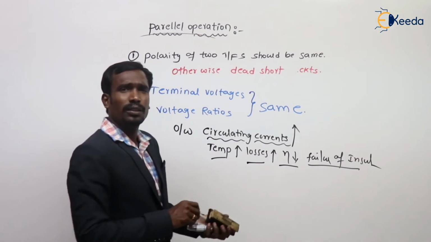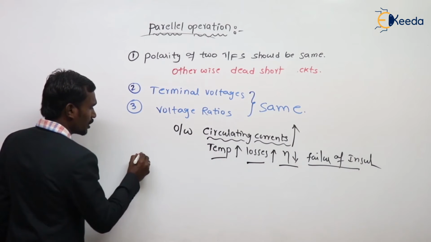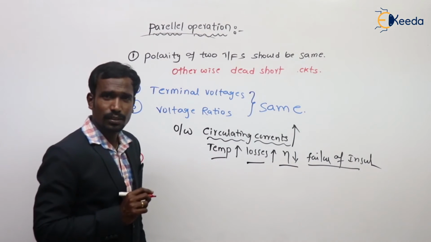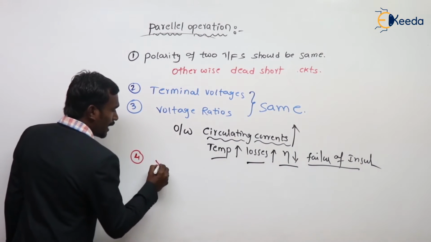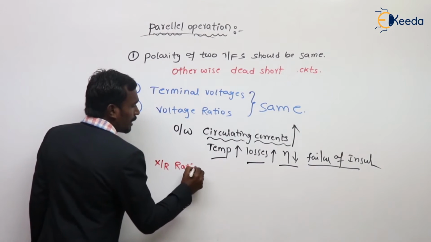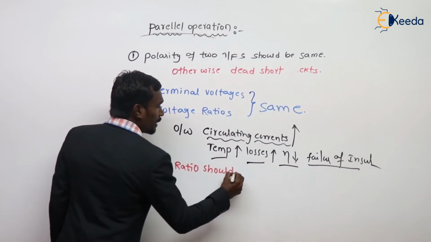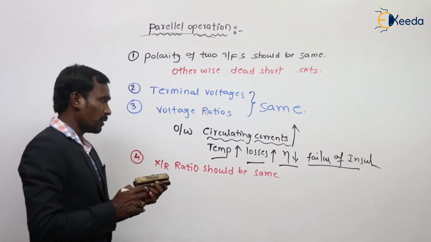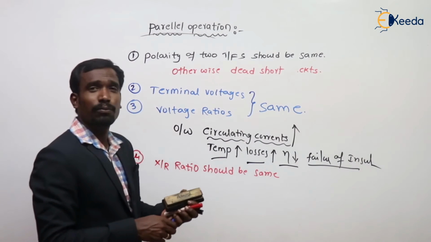And next, the fourth condition. The next condition is very, very important. The X by R ratio should be the same for the two transformers. Sir, if the X by R ratio is not the same, what happens?